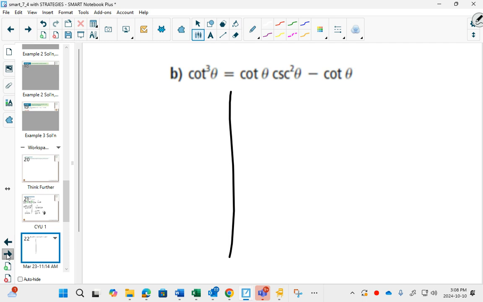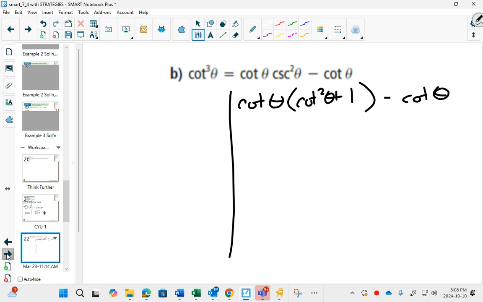So I'll draw my line, and instead of writing cosecant squared theta, I look on my formula sheet and it's equal to cotangent squared theta plus 1. And now my proof has only cotangent. So chances are, if I simplify, things should work out.